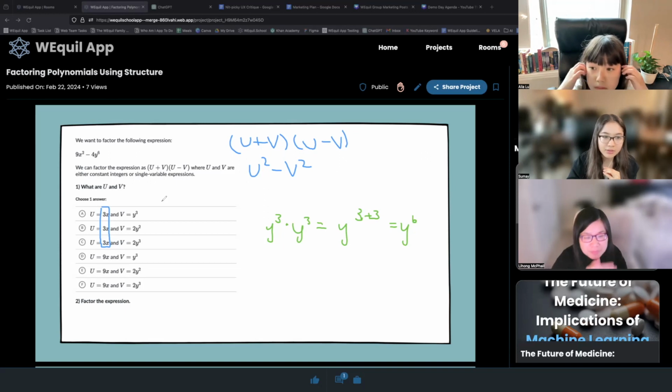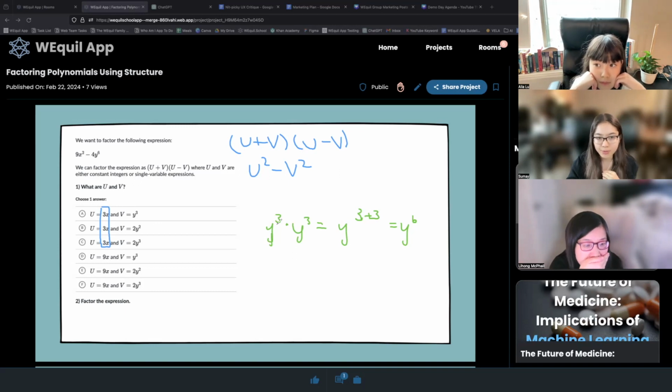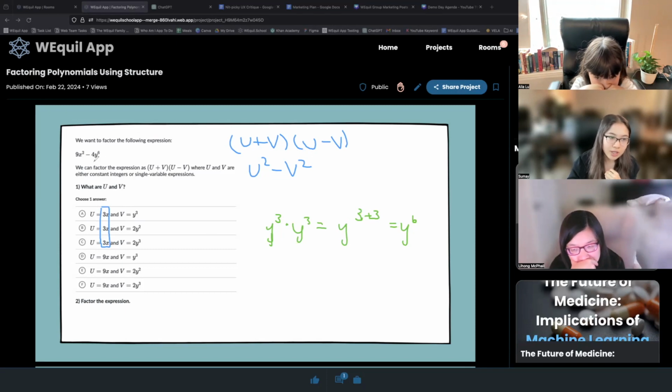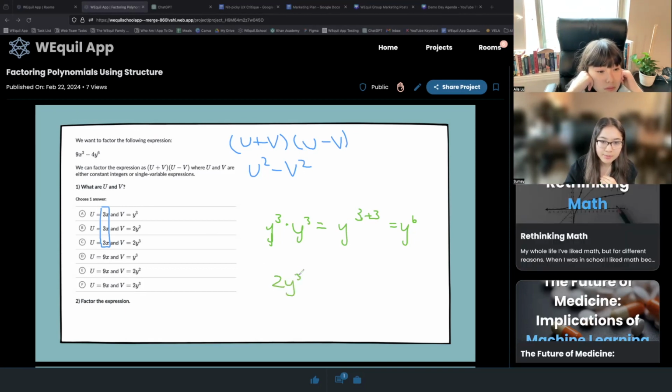So we need to find which term has y to the power of 3. We also know that the square root of 4 equals 2, so the answer would be 2y to the power of 3. So it's that one. Yep, the answer is C. So u equals 3x and v equals 2y to the power of 3.